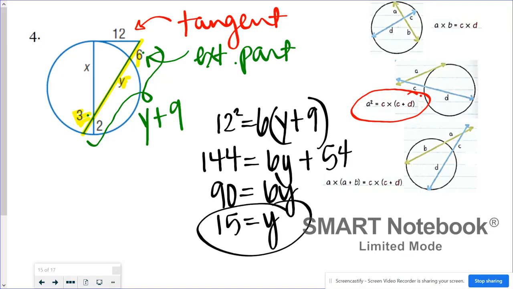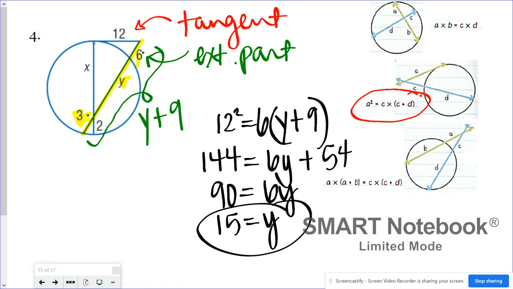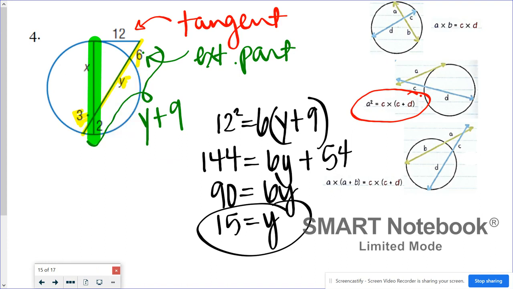But what about x? What I notice about x is that it's part of a chord that's been chopped into two smaller segments. One of them's x, one of them's 2. And so the other chord in this problem, because we've got that chord power theorem, would be this one here made up of 3 and y.